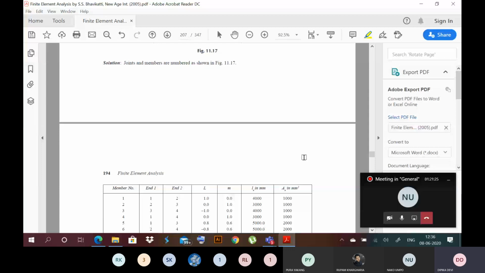Your problems will be only from that book. Whatever problems of bars, truss, frame, beam, whatever derivation I have done is given here. Only thing is the symbols they have used are not the same as I have used. Otherwise everything is same because the FEM procedure is the same.